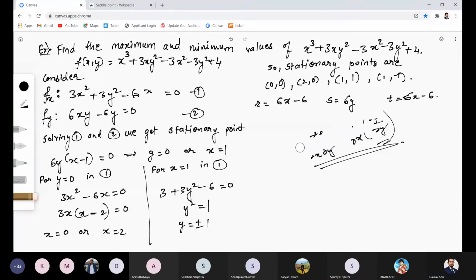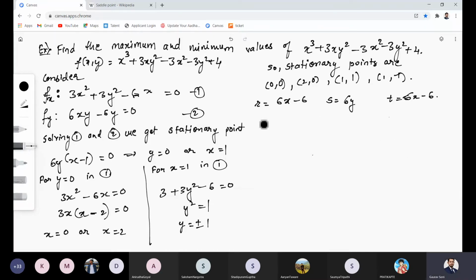So at each point, I need to get the values of r, s, and t. So we'll make a table. Points: 0, 0; 2, 0; 1, 1; and 1, minus 1. Then we'll find the values of r, s, and t, and here I will put the remark.